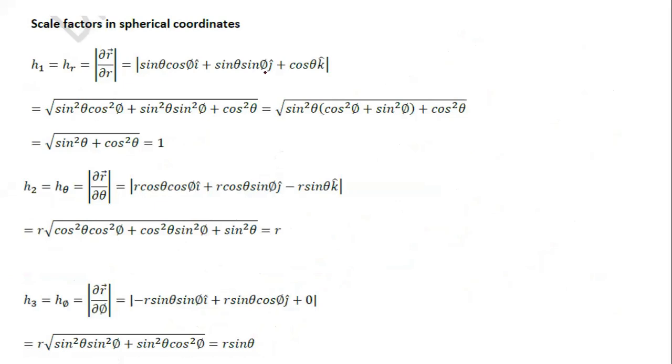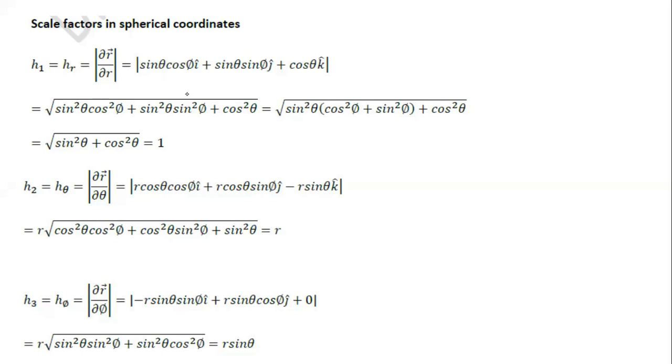How do you take the magnitude of a vector quantity? You take the square root of the sum of the squares of each and every term here. Then you are able to get the scale factor.